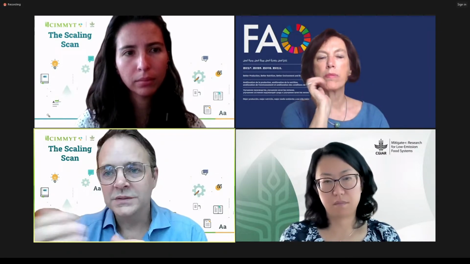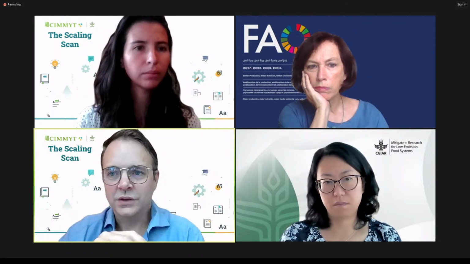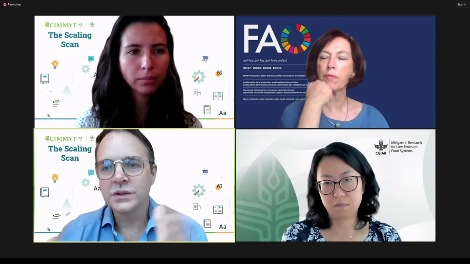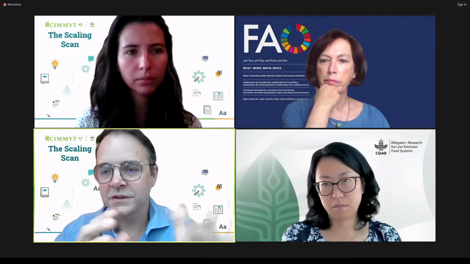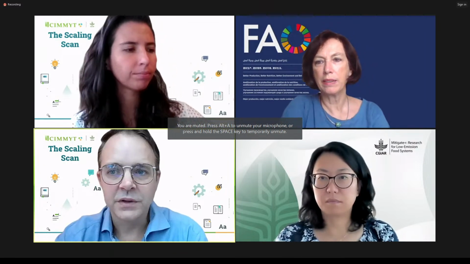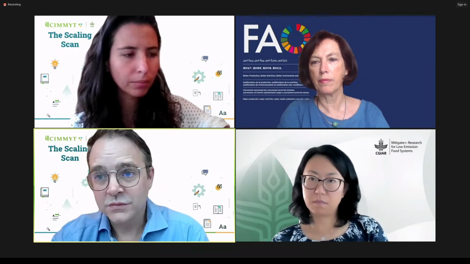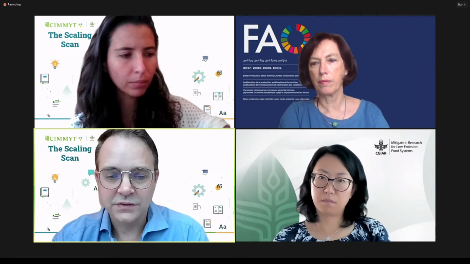And what they realized by doing that is basically seeing that the best technology is not always the most scalable. There's a big difference between having a best technology and the most scalable. And the scaling scan, I think, helped them to narrow down those good innovations that they were working on to the ones that are also scalable.